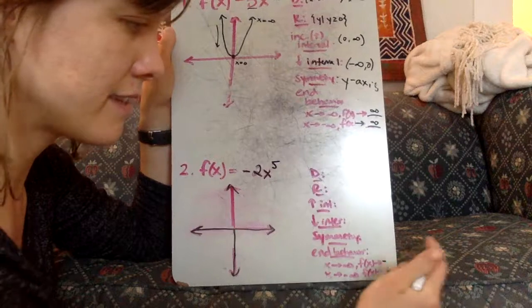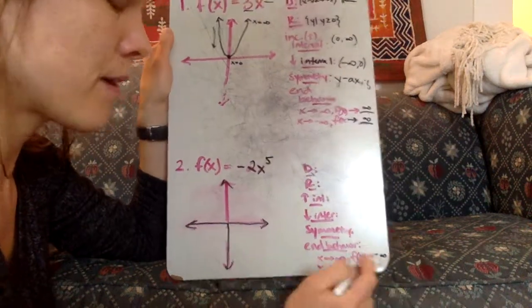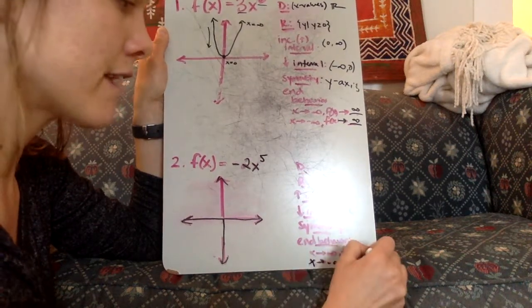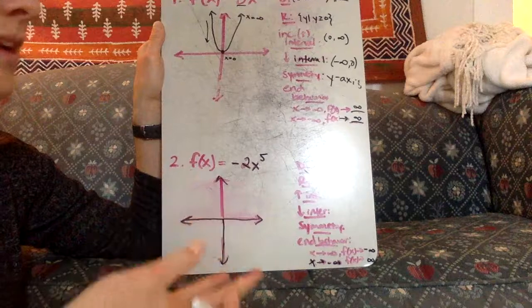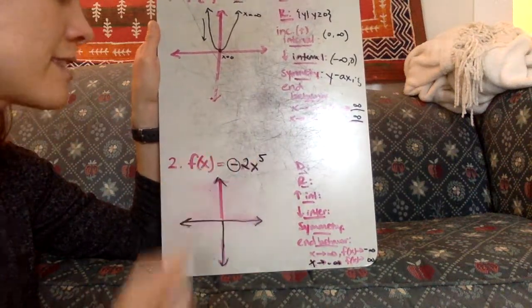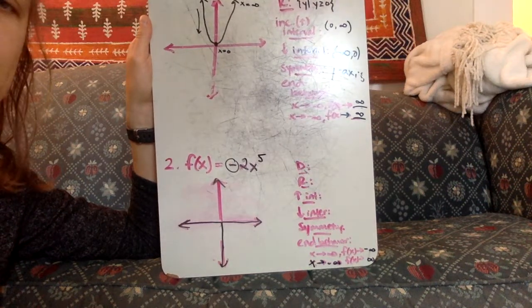Let's see if I can write this in this tiny space. And as x approaches negative infinity, f of x approaches positive infinity, because this is the reverse of my cubic. When I have an x-axis reflection here, that's my transformation.